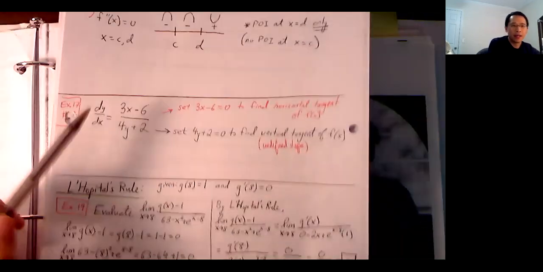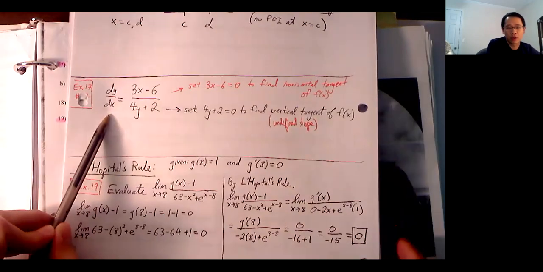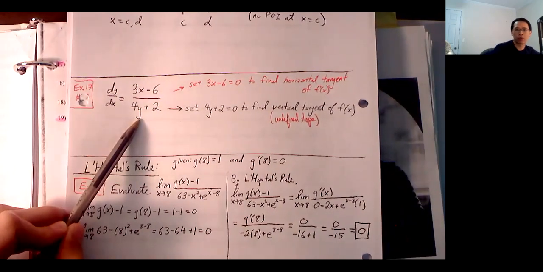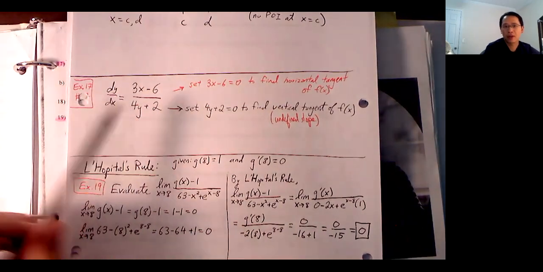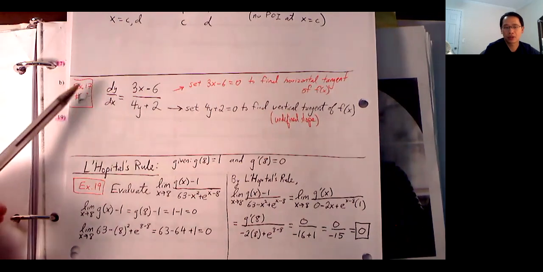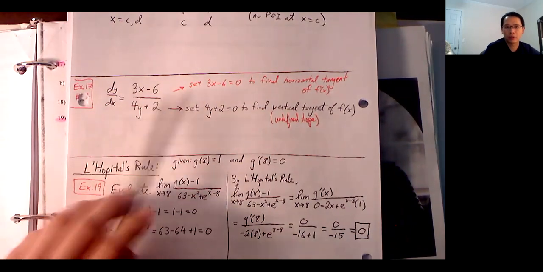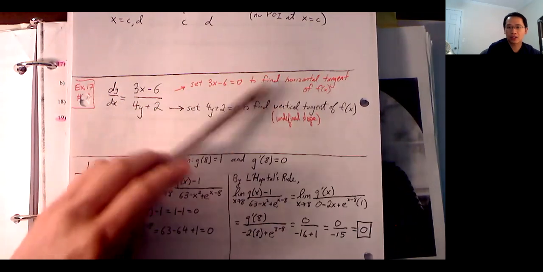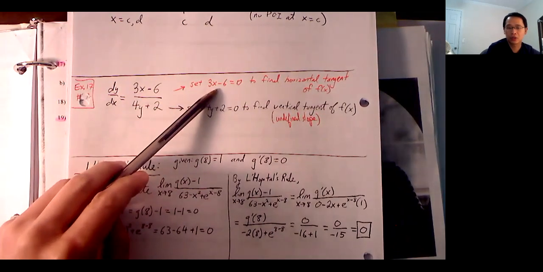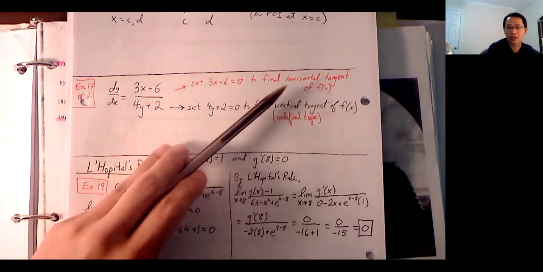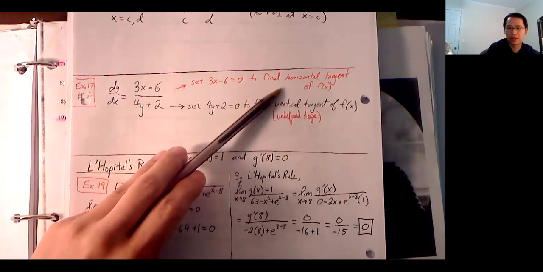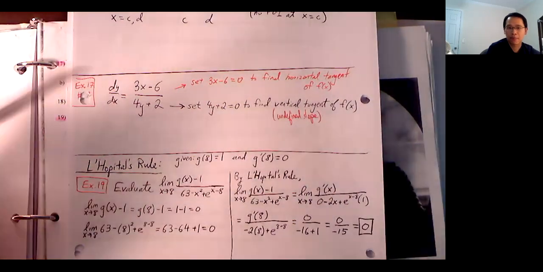Yeah, so let's say my derivative equation is (3x minus 6) over (4y plus 2), and the problem says find the horizontal tangent for this graph. You're going to set the numerator equal to 0 and solve for x. In this case x equals 2, so you know there's a horizontal tangent on the original f of x graph at x equals 2.